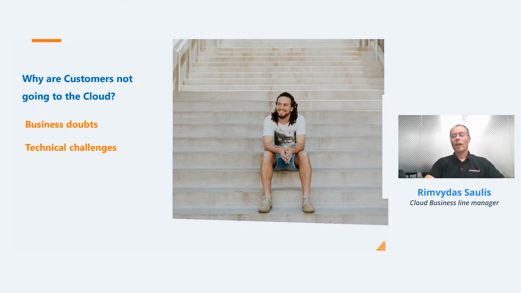Of course, I will not be able to discuss every single challenge, but those are the pretty typical ones that I would like to show to you, and then we'll talk about ways to overcome them and to help our customers. So let's start with some business doubts that customers may have when planning their migration to the cloud.